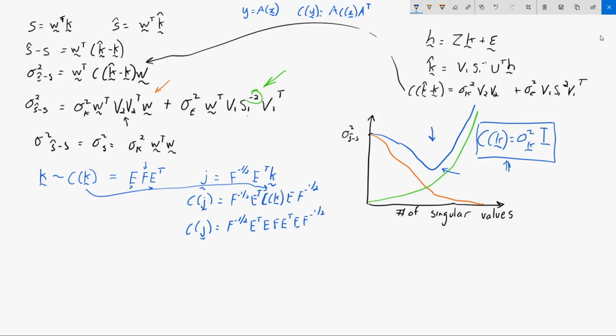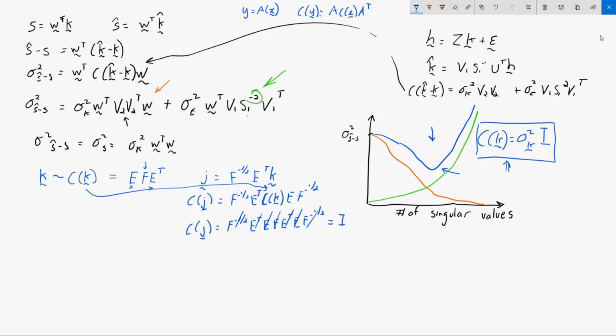Well, E is an orthonormal matrix. Its transpose is its inverse. These all cross out, equals I. And so the covariance matrix of J equals the identity matrix, which is what I want.